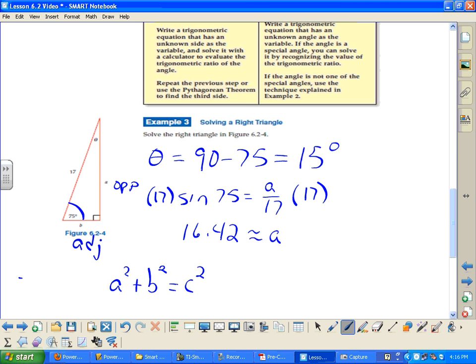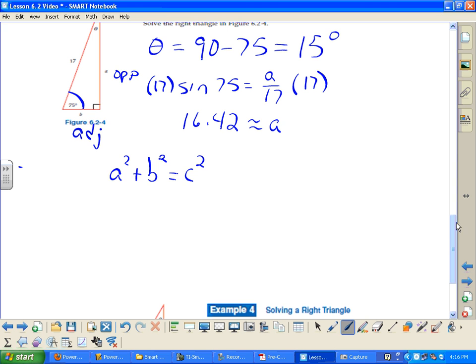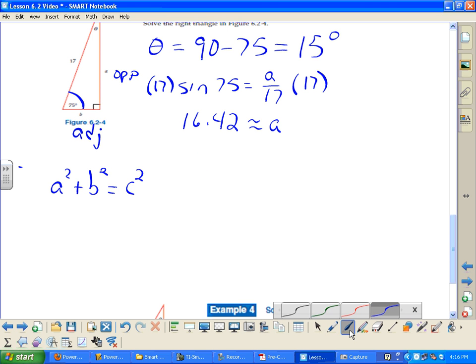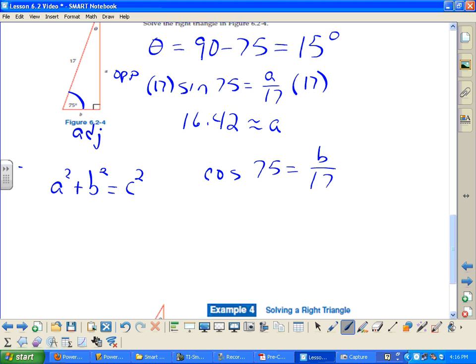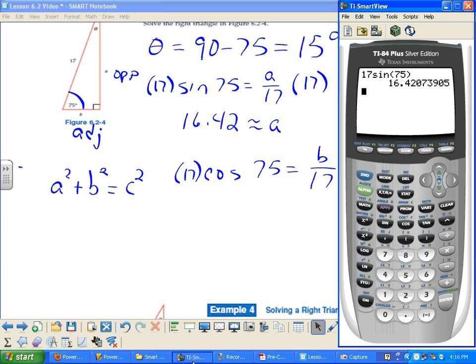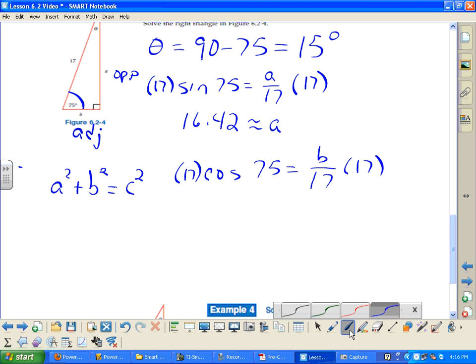Or you could just use cosine and the fact that we have the cosine of 75 equals b over 17, and we'll multiply both sides by 17 again, and we get, let's see, 17 cosine of 75 equals 4.4, so approximately 4.4. So b is approximately 4.4.